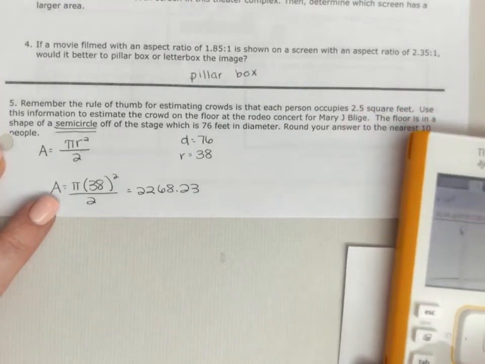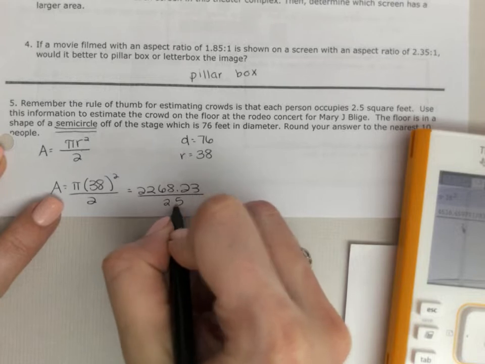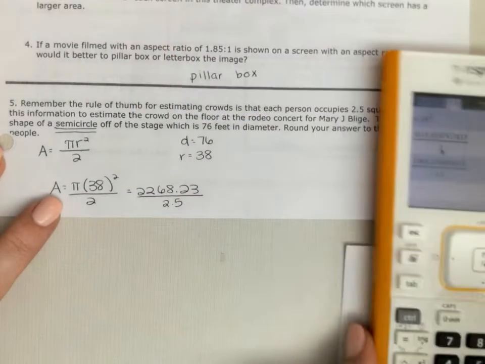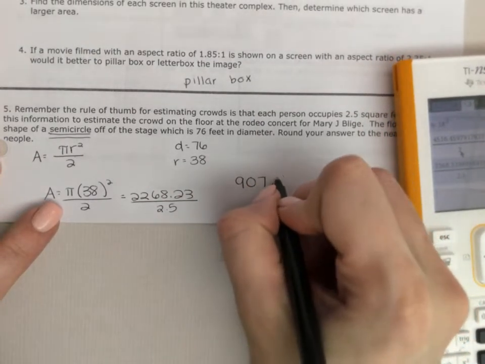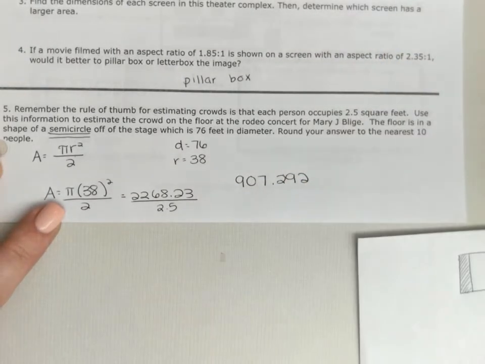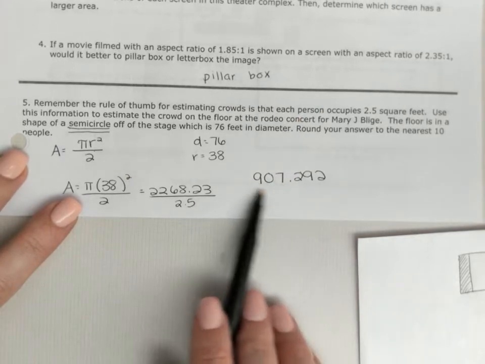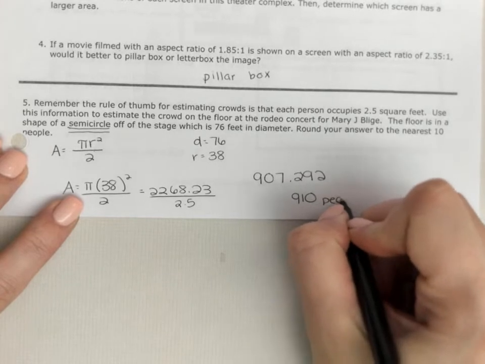And then each person occupies 2.5, so I need to divide this by 2.5, and we get 907.292. Well, you can't have 0.292 people, and it wants us to round it to the nearest 10 people. So the nearest 10 people would be 910 people. You would round it up.